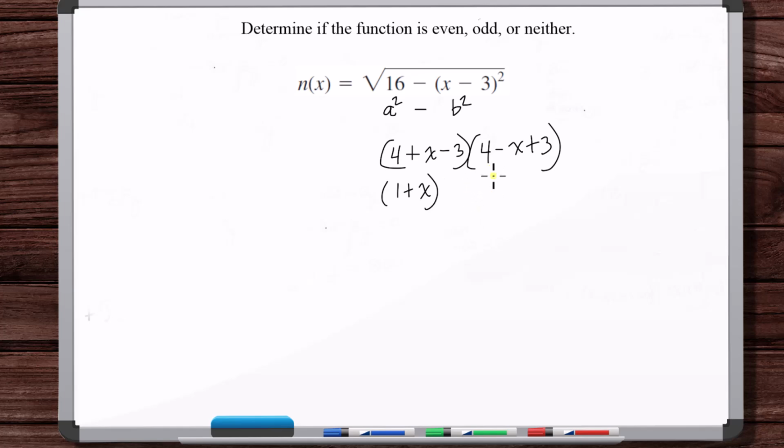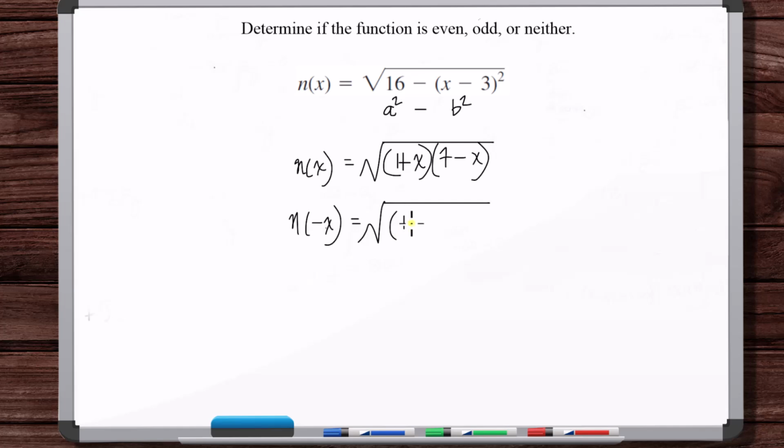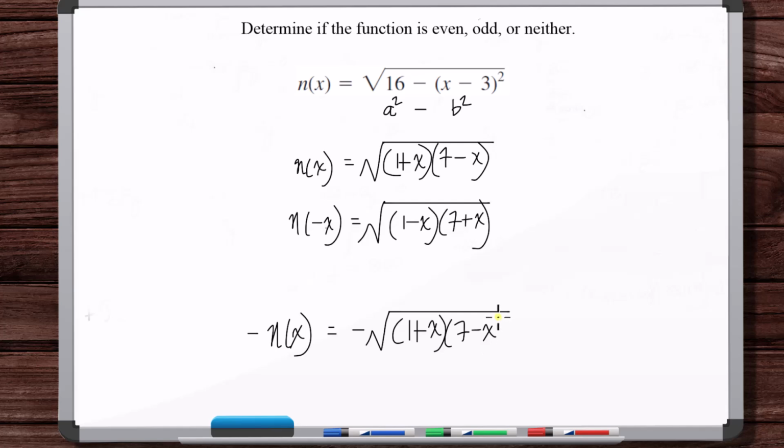So now n of minus x is equal to 1 minus x, 7 plus x. Okay, so what is minus n of x? I mean, neither, right? N of minus x does not equal n of x, and n of minus x does not equal minus n of x.